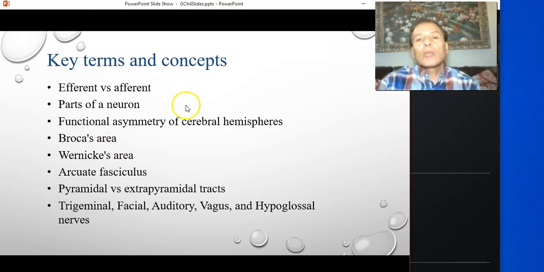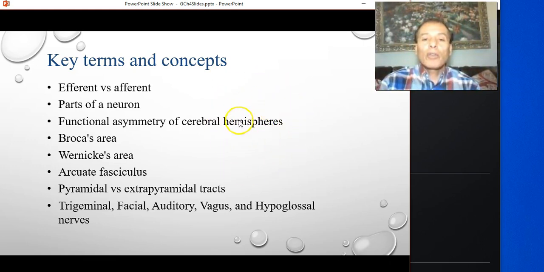So in this, again, we looked at the highlights of the nervous system, and we looked at the cerebral cortex and the cerebrum in general, and how it consists of 2 hemispheres and different parts. We said the cerebrum has gray matter, which is the cerebral cortex, and it has white matter, which is beneath the cerebral cortex.